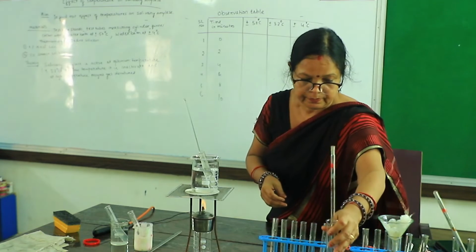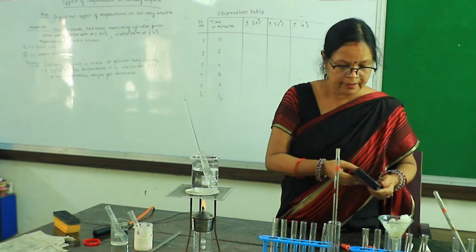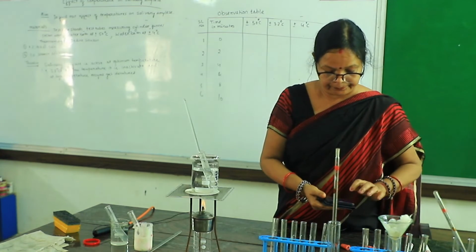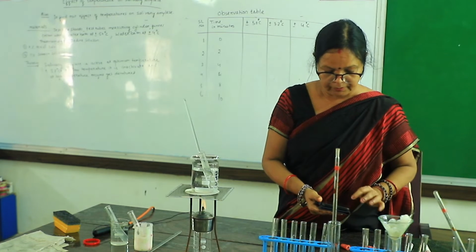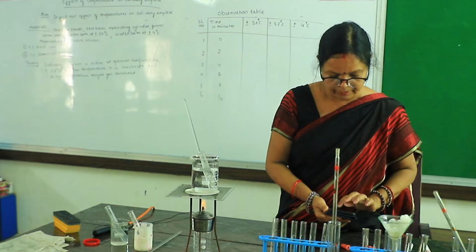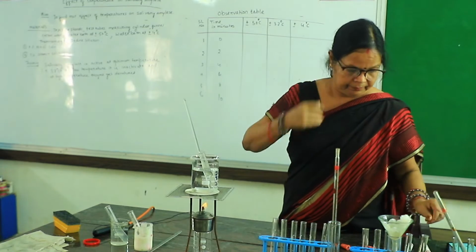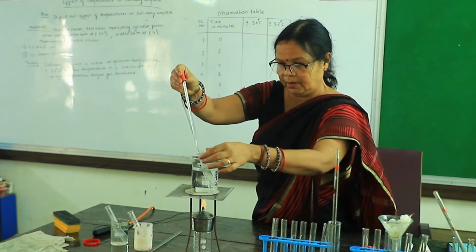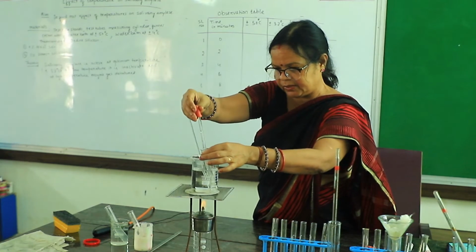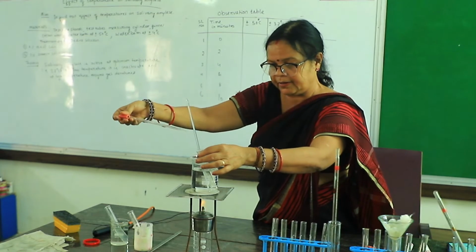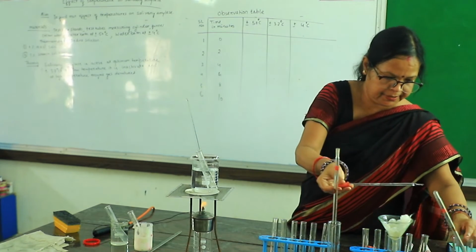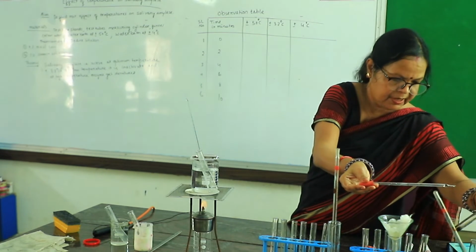Then set your time. Take 2 to 3 drops from this set, this is for 50 degrees centigrade, and add to the first test tube.